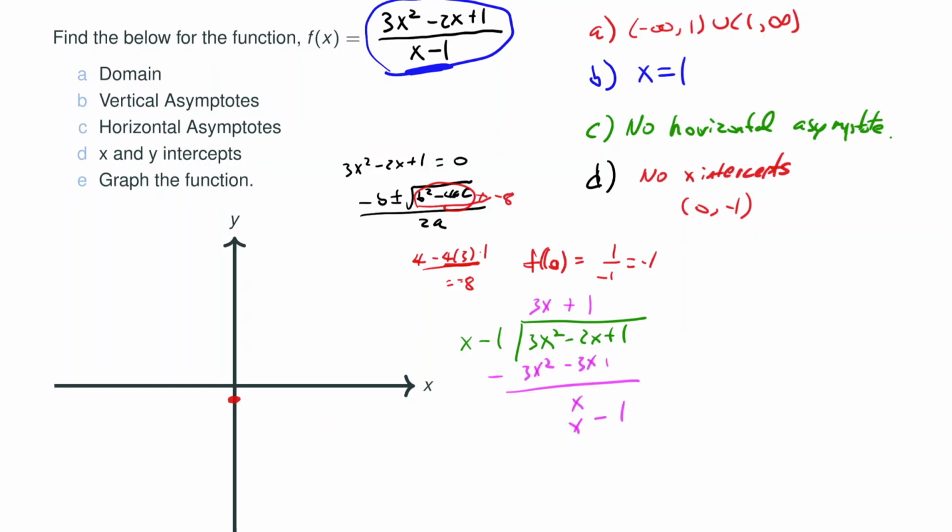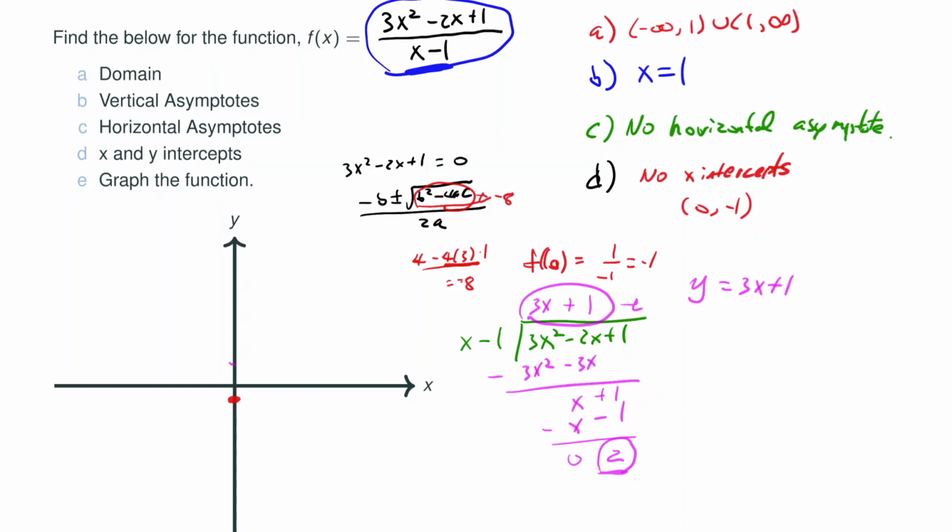The plus 1 comes down here too. Subtract. I get 0 for x. 1 minus negative 1 is 2. So the remainder is 2, but we're not concerned with the remainder for finding the slant asymptote. This is the slant asymptote: y equals 3x plus 1 is the slant or oblique asymptote for this function.